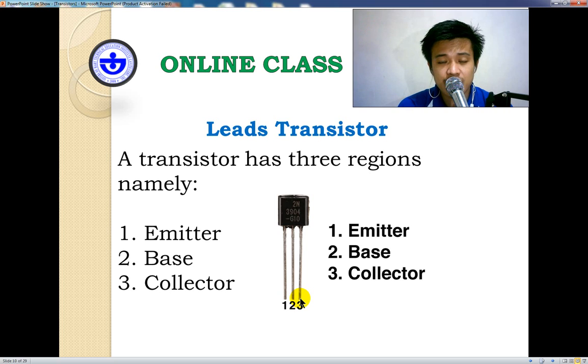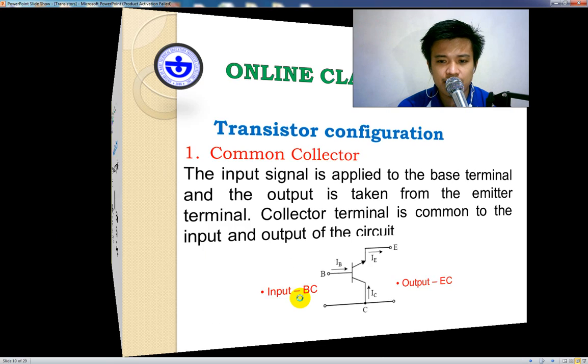But in a real-life scenario, if you are troubleshooting and do not have internet, it is very important for you to know how to identify the base, collector, and emitter, including the condition of a transistor. That is why this video is made for that purpose. I hope you can learn those upon watching this video.